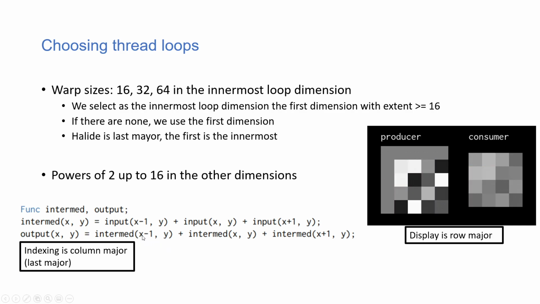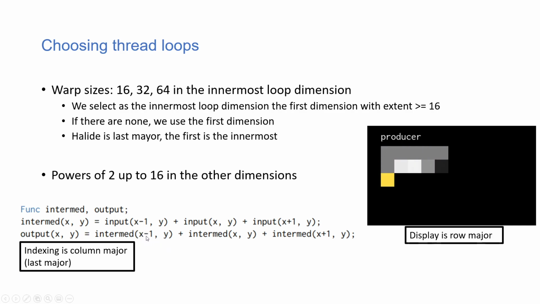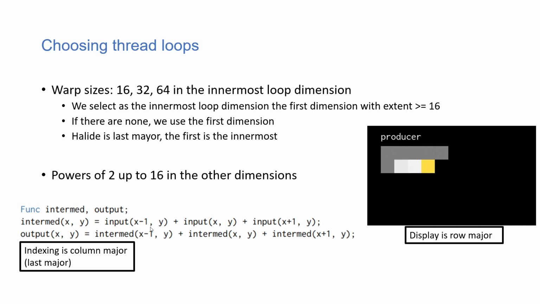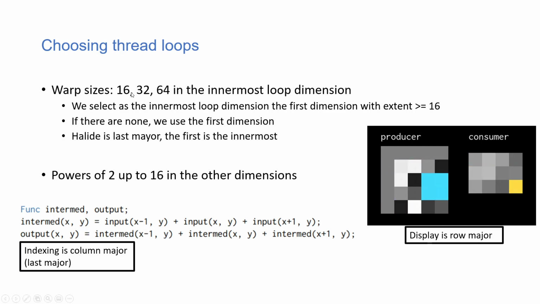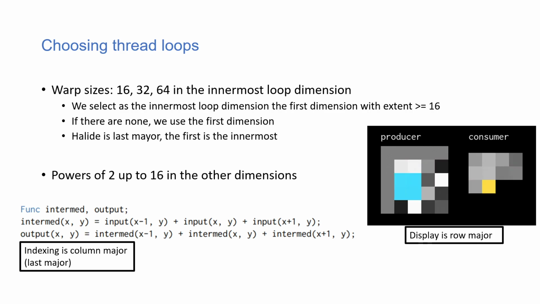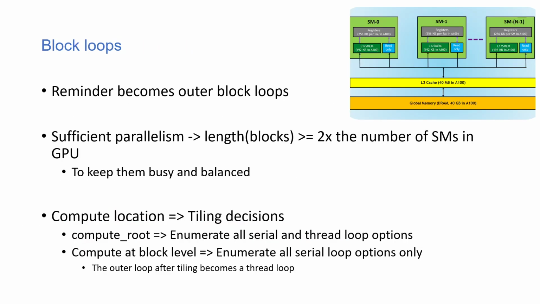So the first dimension here is the fastest changing, and that's what they meant when they assigned the first dimension to the thread, and the last dimension should be for the block. These are the sizes that they use for the thread: 16, 32, and 64, and powers up to 16 for the other dimensions. Then you select the block loop.